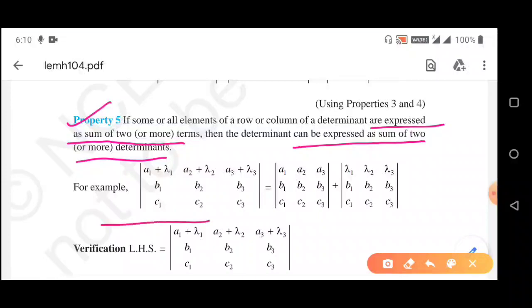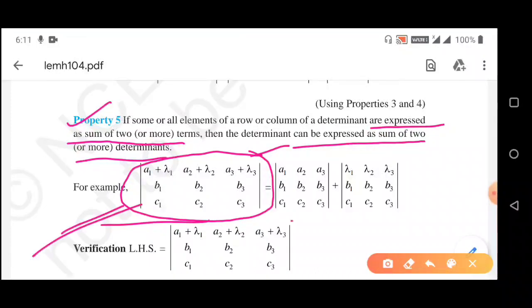Let's see the example. Suppose a determinant is given in this way. Now see, in row 1, it is given that a1 plus lambda 1, a2 plus lambda 2, a3 plus lambda 3. Now we can express this determinant like this, as a sum of two determinants, and here we have separated this a1 plus lambda 1, a2 plus lambda 2 and a3 plus lambda 3.